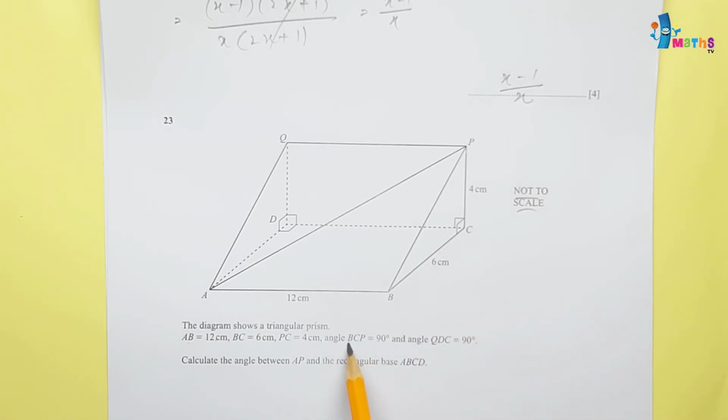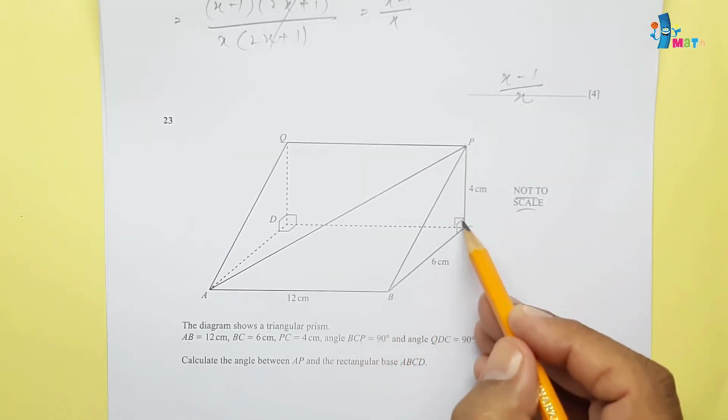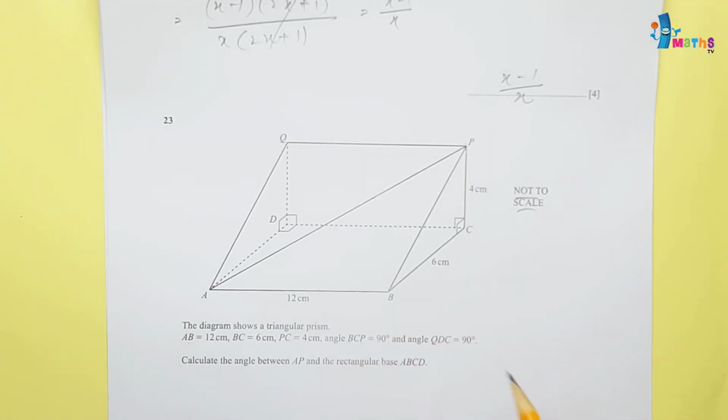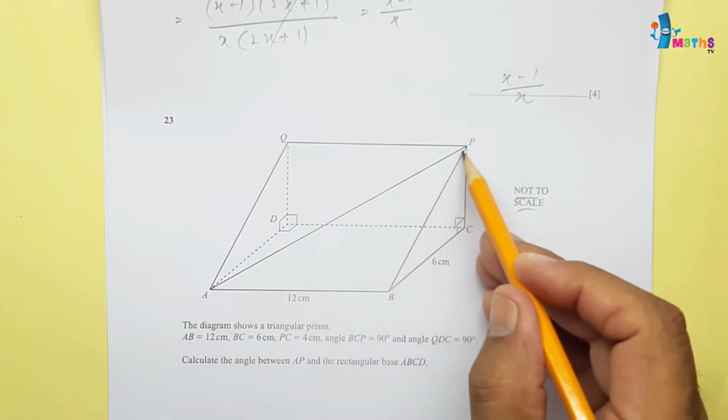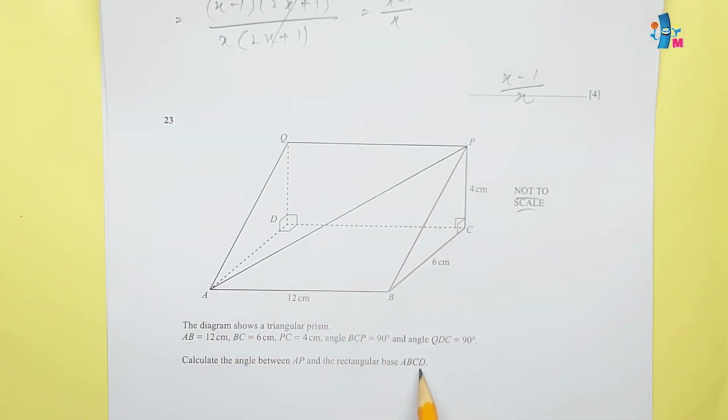Angle BCP is 90 degrees, and the angle QDC is also 90 degrees. Calculate the angle between AP, this line, and the rectangular base. The rectangular base is this one.